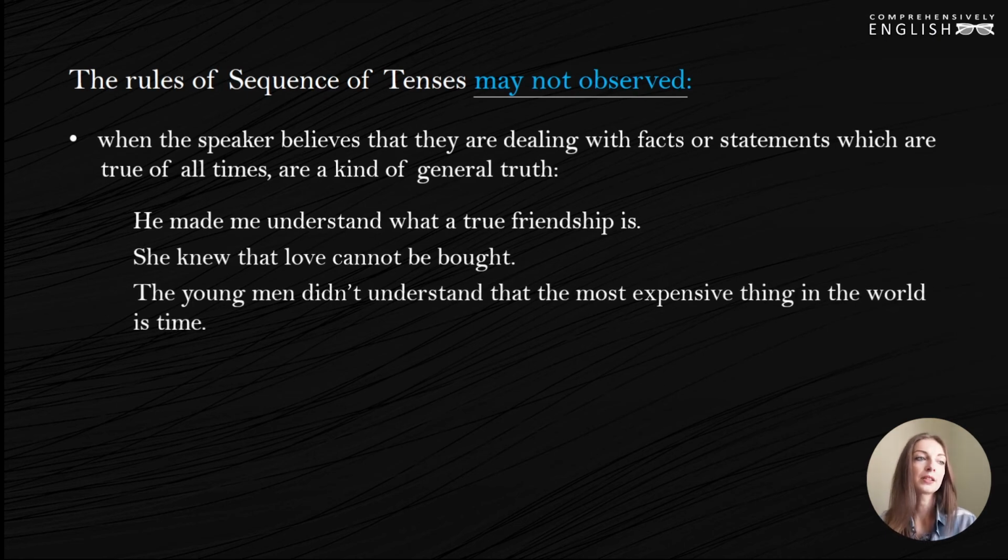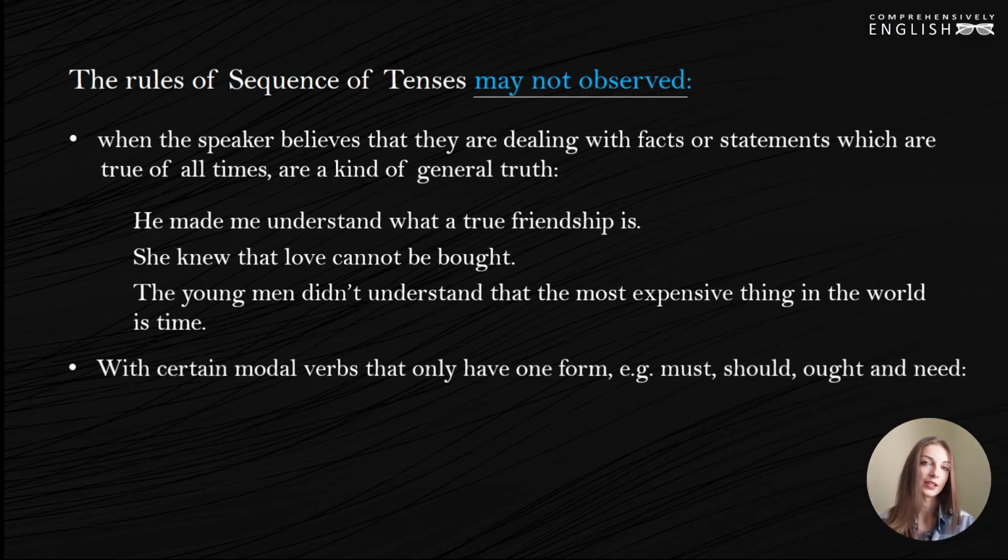The young man didn't understand that the most expensive thing in the world is time. In these situations, these are beliefs or ideas of our speakers, yeah? And they are considered by them as general truth. That's why we may not follow the rules of sequence of tenses.